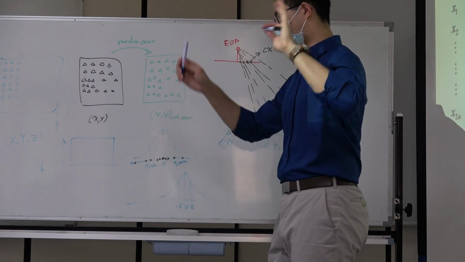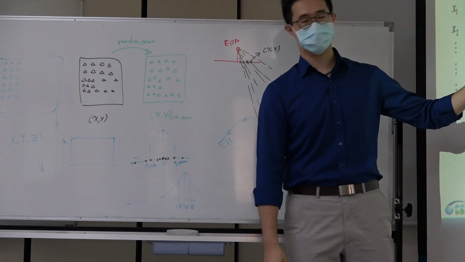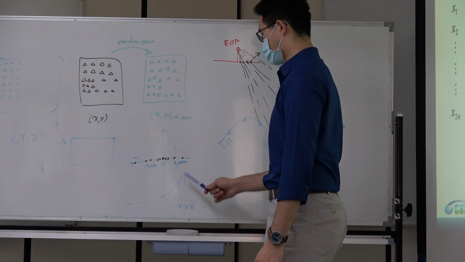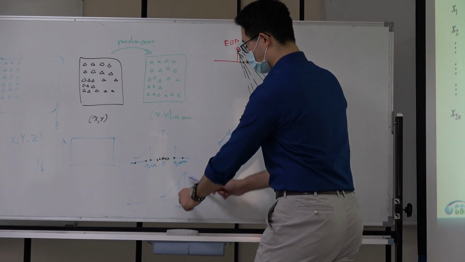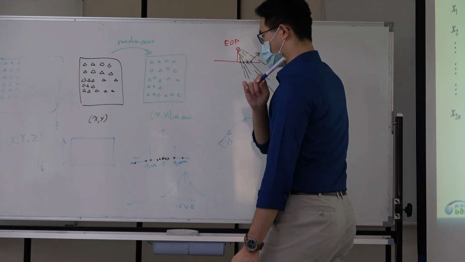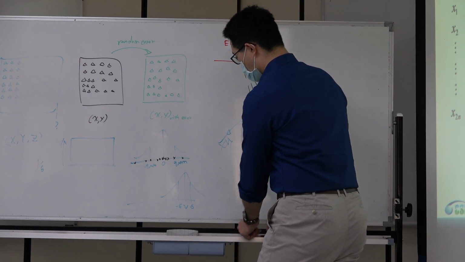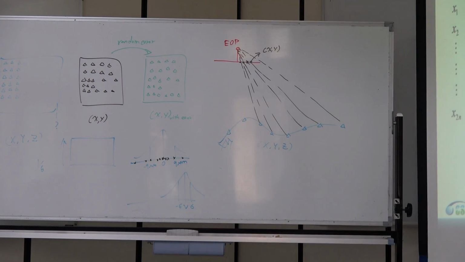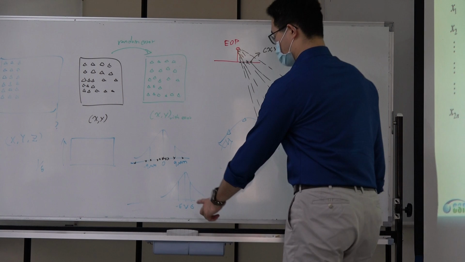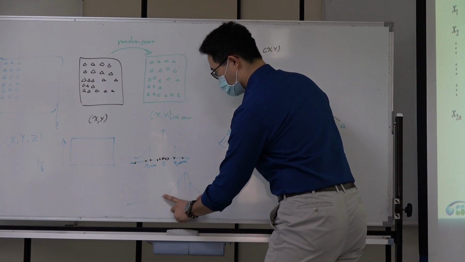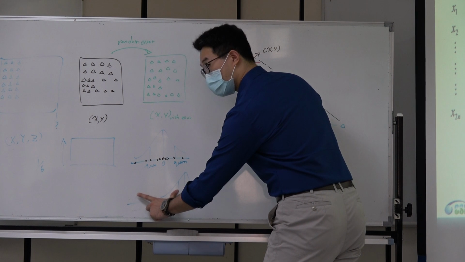After you use the central limit theorem, you get a normal distribution like this, but this is not the normal distribution that we want. So first we shift: we subtract the average, so we shift this normal distribution to here.